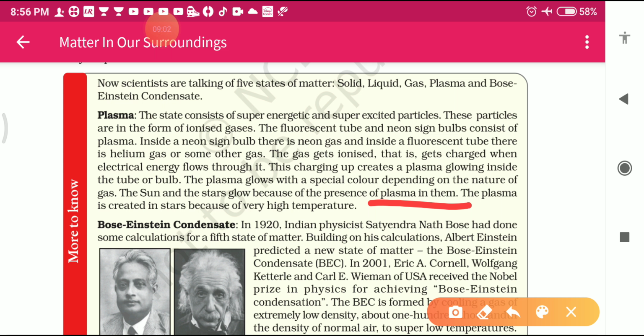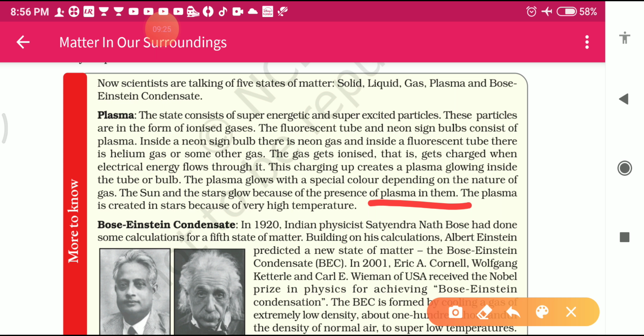This mixture of free electrons and ions in a star is called plasma. So the sun and other stars glow because of the presence of plasma in them.